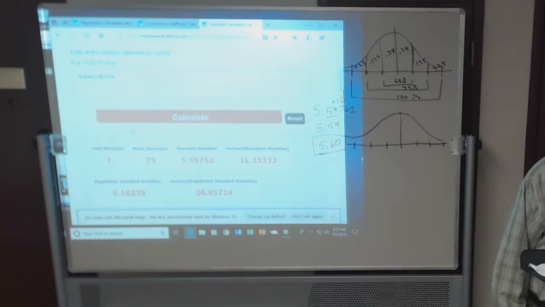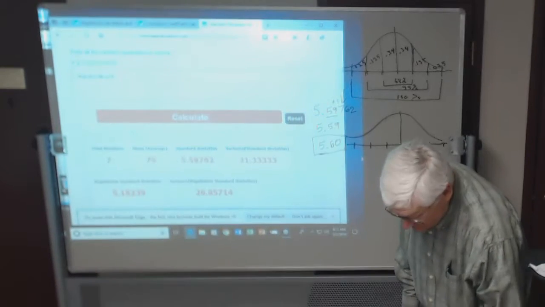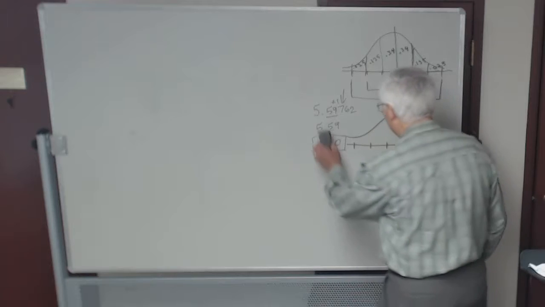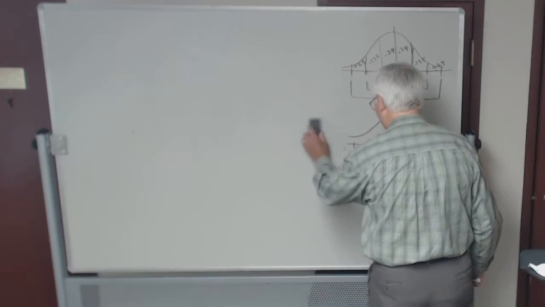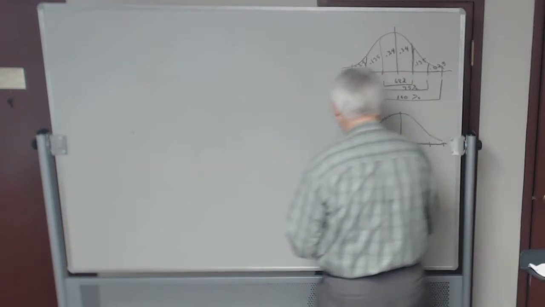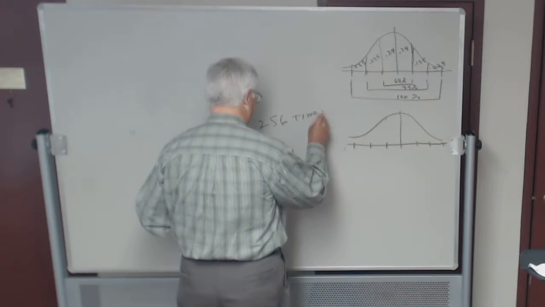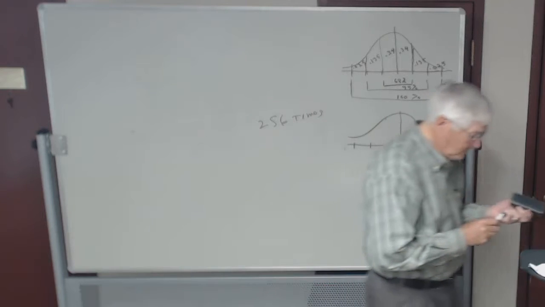Number 6. A fair coin is tossed 256 times. We'll turn this off. Erase all this. A fair coin is tossed 256 times. And what does it say?